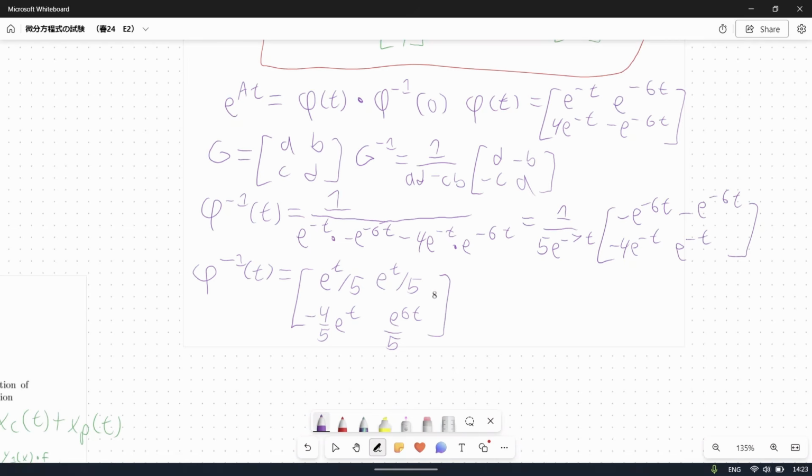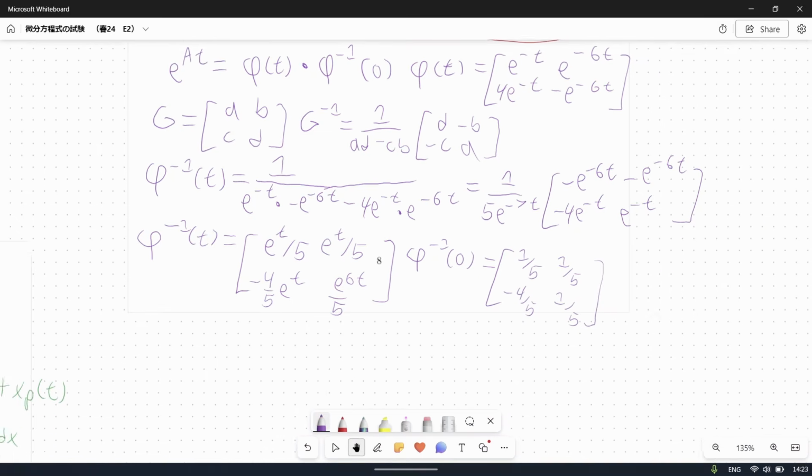And now we can evaluate this at 0. So the inverse of our fundamental matrix evaluated at 0, we're just plugging in 0 for t. That gives us 1 over 5, 1 over 5, negative 4 over 5, and 1 over 5.